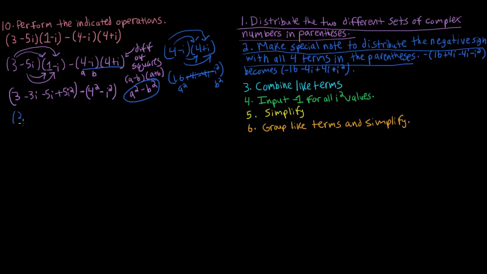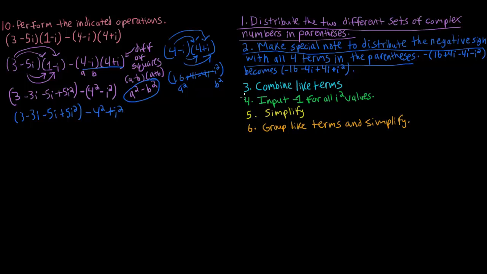So to do that, we have 3 minus 3i minus 5i plus 5i squared in parentheses, and negative times 4 squared is just minus 4 squared, and then negative times negative i squared is just plus i squared.